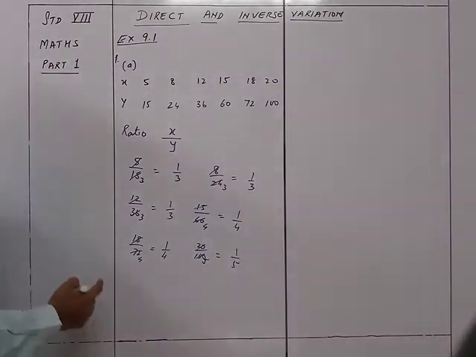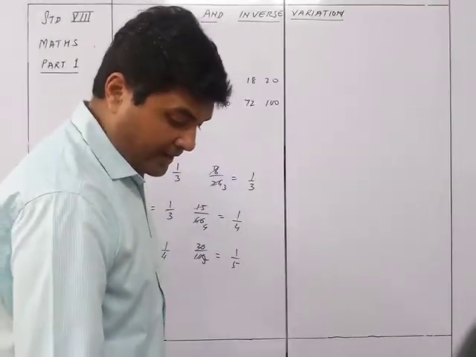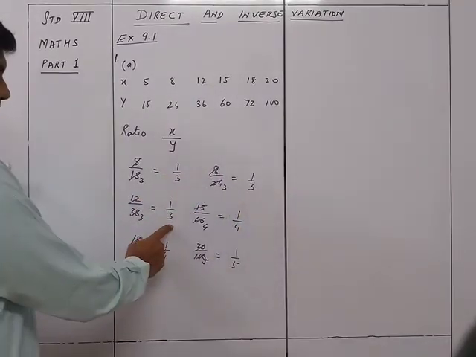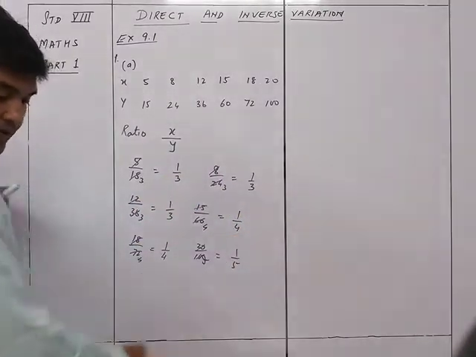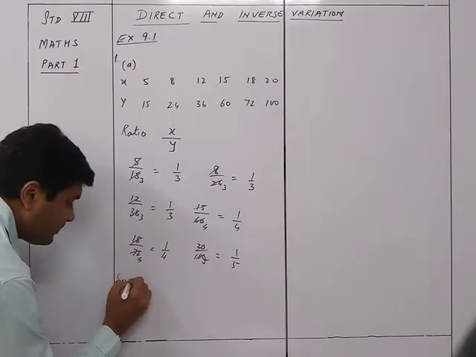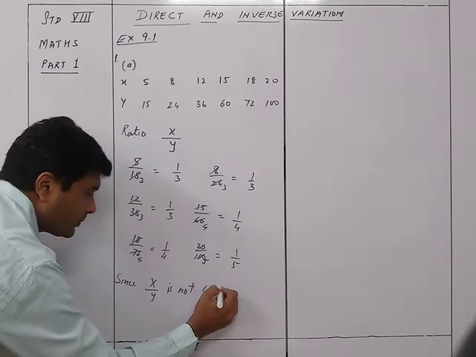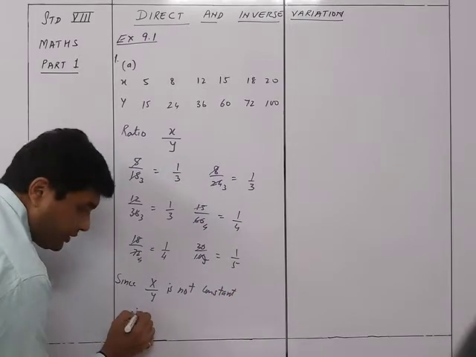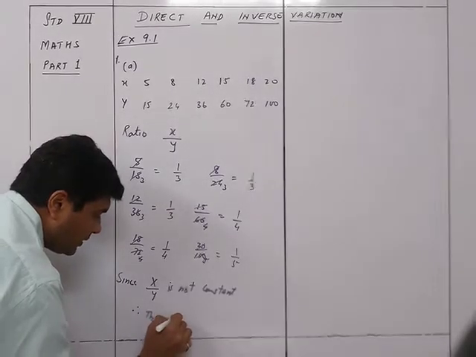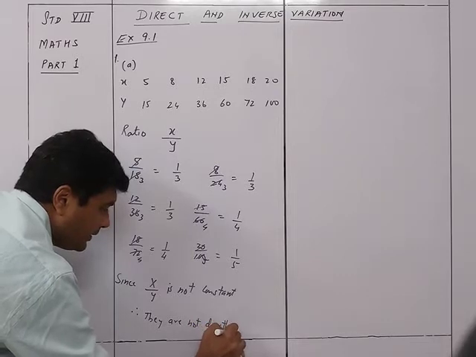So you can see over here, since the ratios I am getting are not the same, it is 1 upon 3, 1 upon 3, 1 upon 3, but this is 1 upon 4, 1 upon 4, 1 upon 5. Since x upon y is not constant, therefore they are not directly proportional.